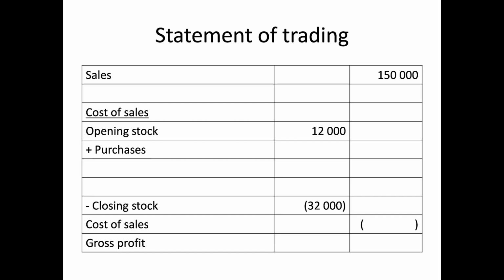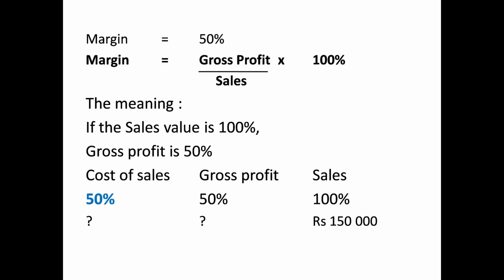So you have to continue your calculations with this margin. Margin 50%. Margin equals gross profit divided by sales into 100%. 50% equals the fraction 50 over 100.